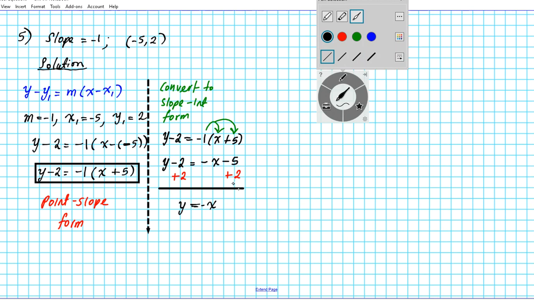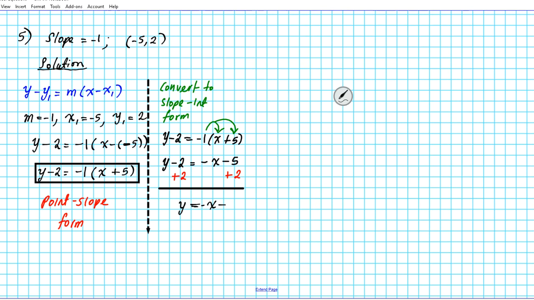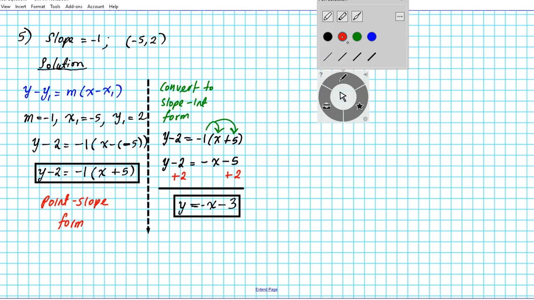The signs are different, so you subtract and keep the sign of the bigger, minus 3. So y equals negative x minus 3 is the slope-intercept form. So let's write that down, slope-intercept form.